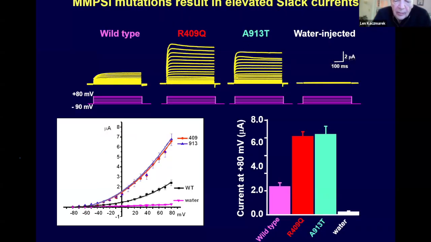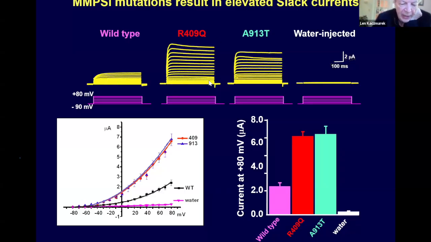And they are just about all gain of function mutations. And there are many different ways in which you can get a gain of function in the SLACK channel. These are the first two we looked at, and they give you a 3 or 4-fold increase in the amount of current.